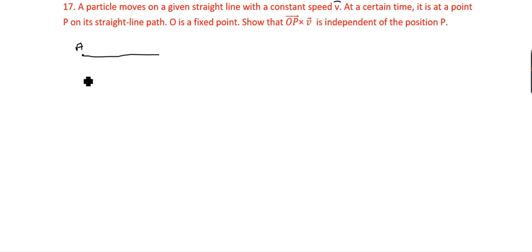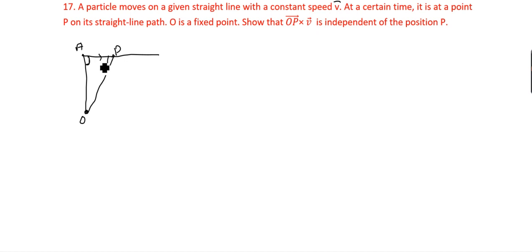Let this be point A. O is a fixed point. At a certain time, let this be point P. This is perpendicular, and this is the angle between them.